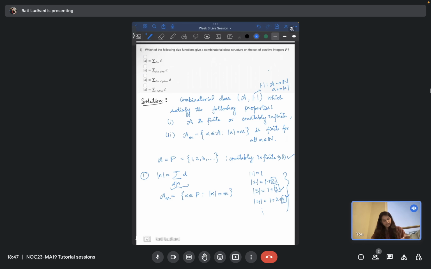So my claim is that A_m is either 0 or 1. There is nothing in between, so nothing after that. Whenever you go ahead, you will always get this biggest number, which is n.